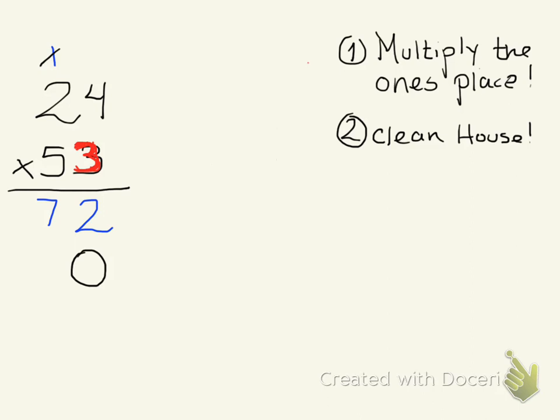But it is one of the most important things you need to remember. When we're multiplying by the tens place, you need to add an additional 0 down here, a place value to hold that empty place. Okay? It needs to go right there. That's because we're multiplying by the tens place, and we want our answer to start right here in the tens place. Okay, let's find out why.